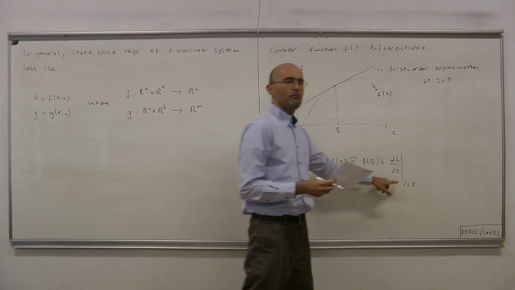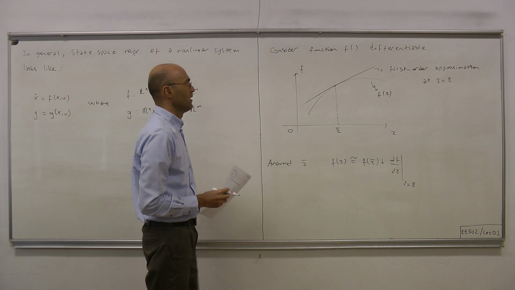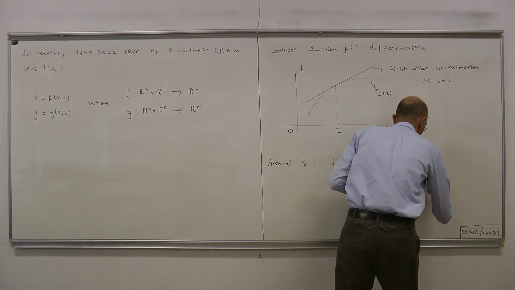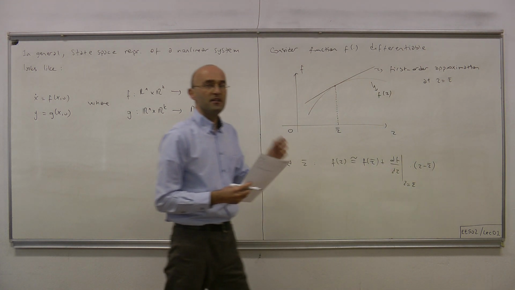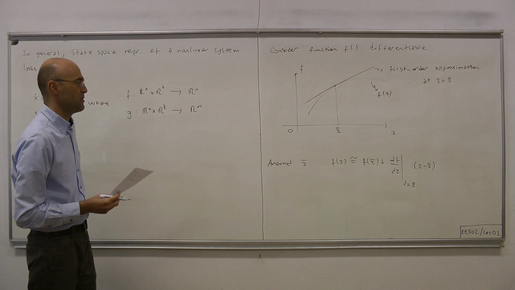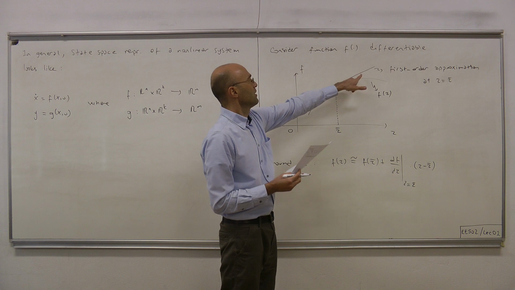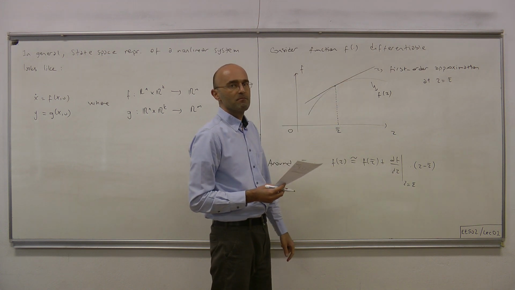So you obtain a number, a real number. In this case, it's positive, and then that times the deviation from the fixed point, z minus z bar. So the right hand side is the expression for the line.